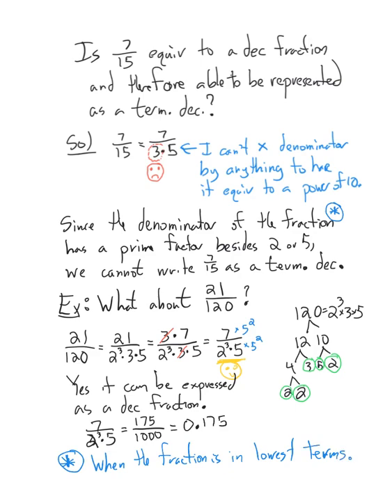So when you've simplified it completely. Once you've simplified it, then ask, does my fraction have any prime factor that isn't 2 or 5? After you cancel out everything you can, then you can ask.